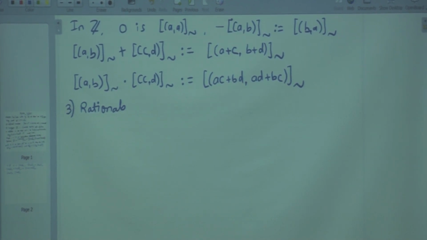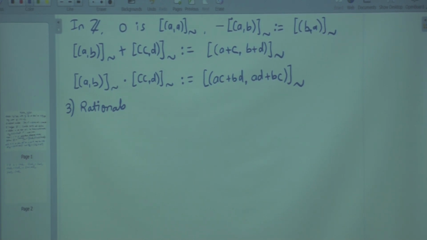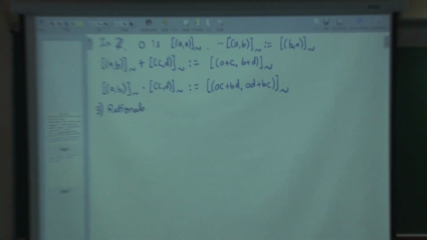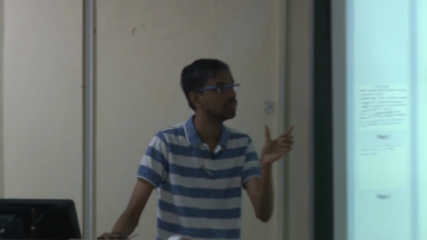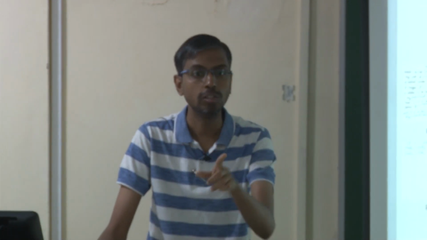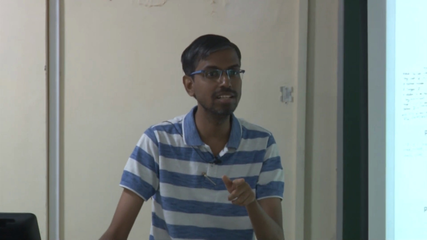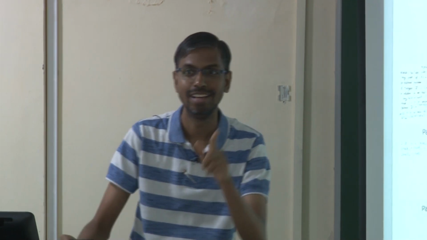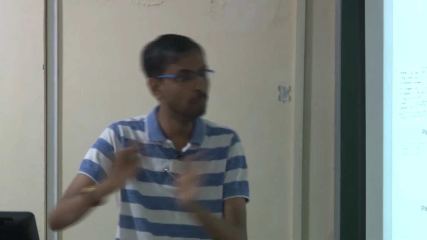Like we can define a relation on Z cross Z. Do we want Z cross Z entirely? What is the intended interpretation of a pair? p by q. So can we divide by every integer? No. Right. So you have to remove.